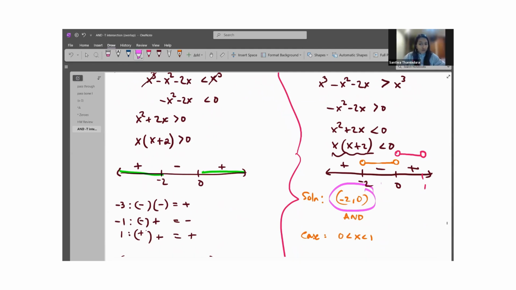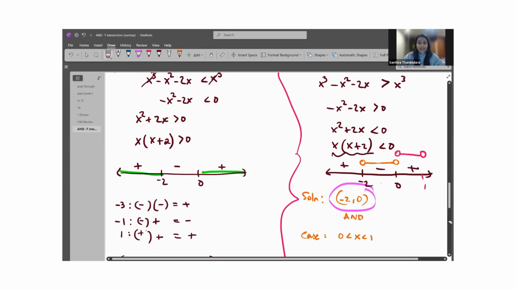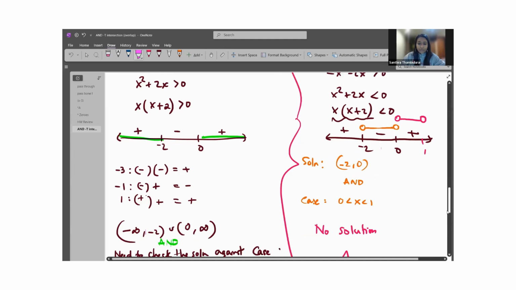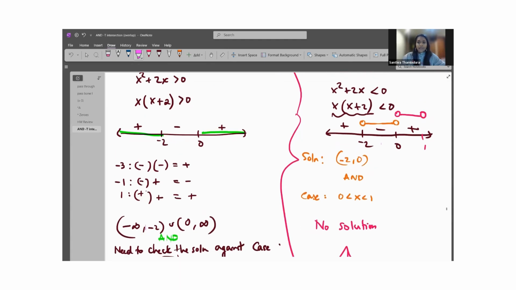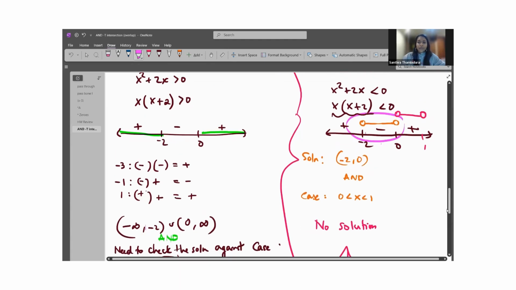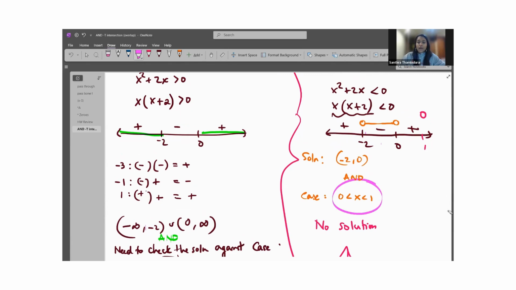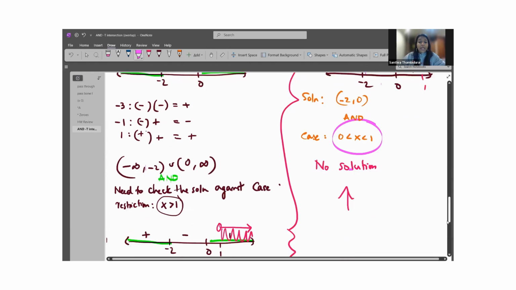So case restriction is 0 to 1. So when you combine those using an and, you're going to get -2 to 0 is right here. 0 to 1 is right here. They don't have an overlap. You need to combine them with an and, so your answer is a no solution there, okay?